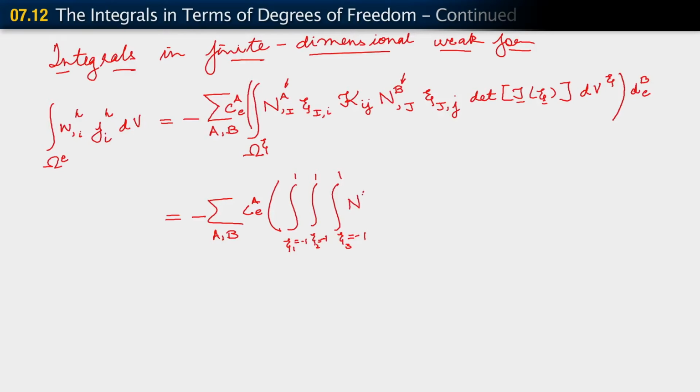Everything that we have in here, I'm not going to explicitly write as depending upon xi, but we do recognize that indeed N_A comma I will depend upon xi, because N_A is trilinear in the xi's. So a derivative with respect to any one of those coordinates is going to leave us with something that's bilinear. In general, it will depend upon two of those xi's.